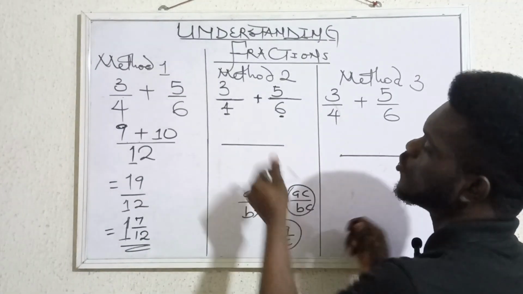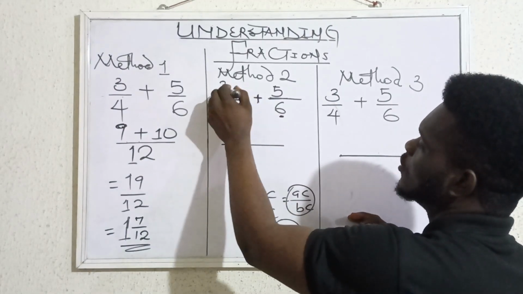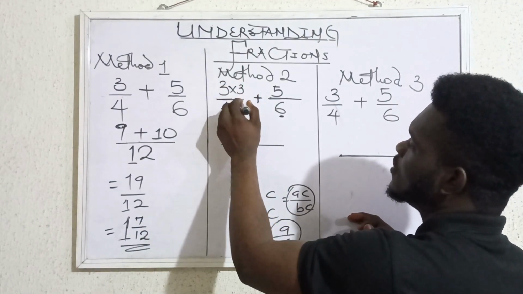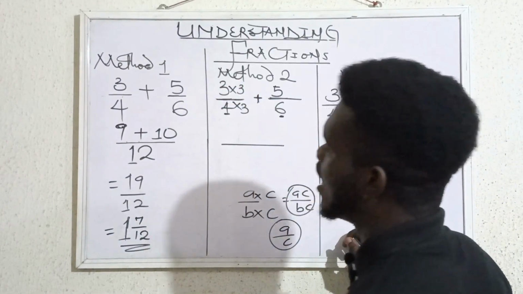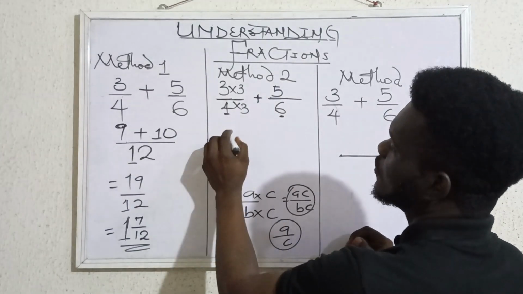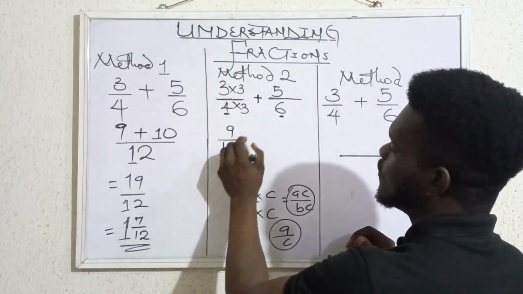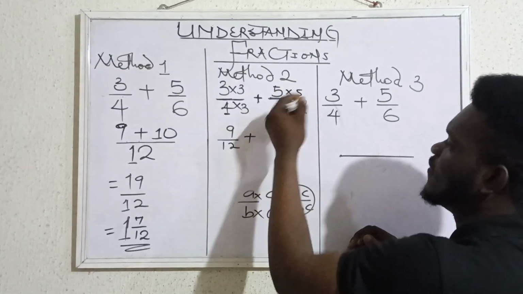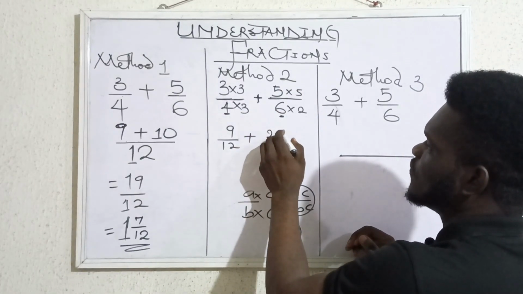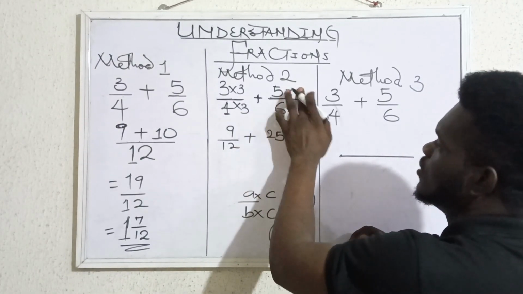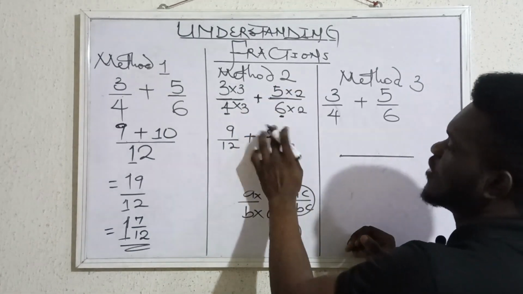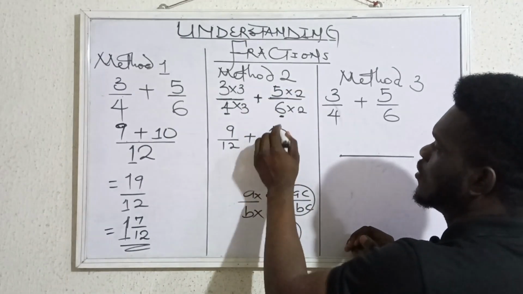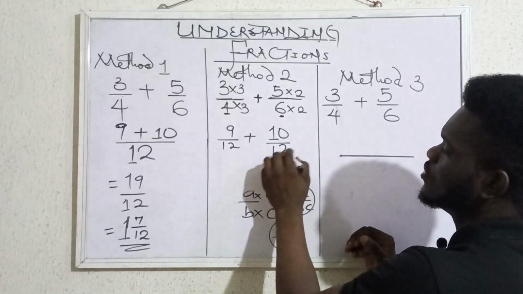So what do we do here? We are going to multiply here, multiply here. So if I multiply here with 3, multiply here with 3, I have 9 over 12, plus, multiply here with 2 and multiply here with 5. So 5 times 2, you have your 10 over 6 times 2, you have 12.